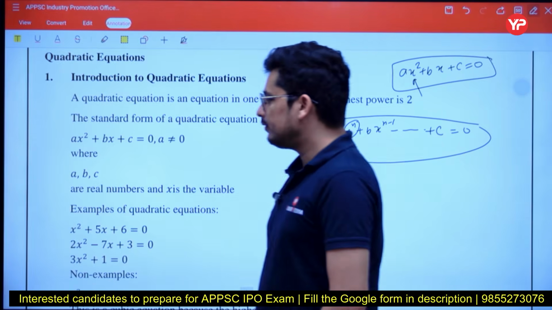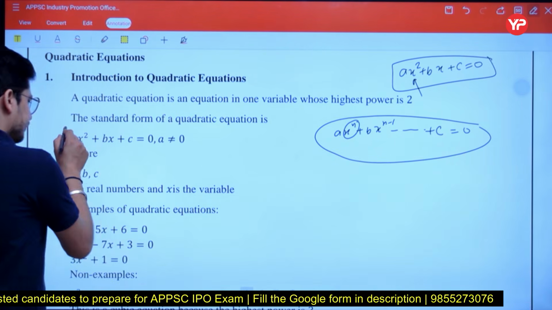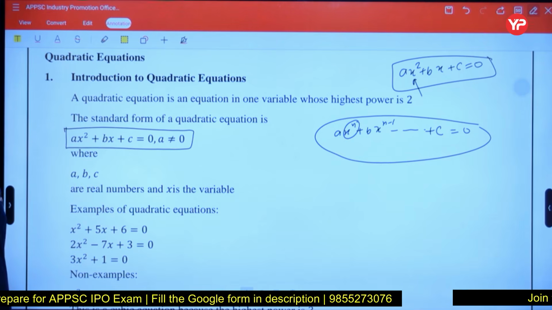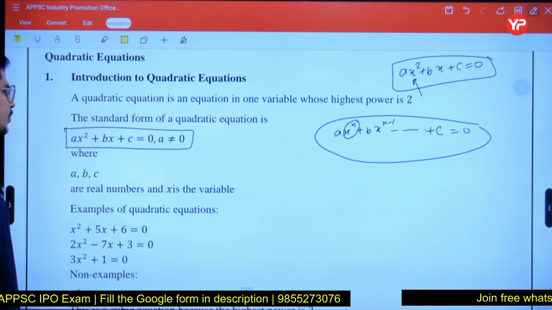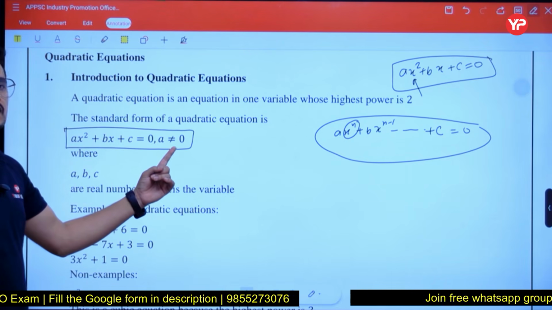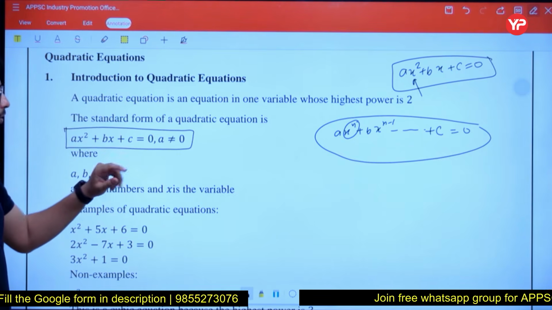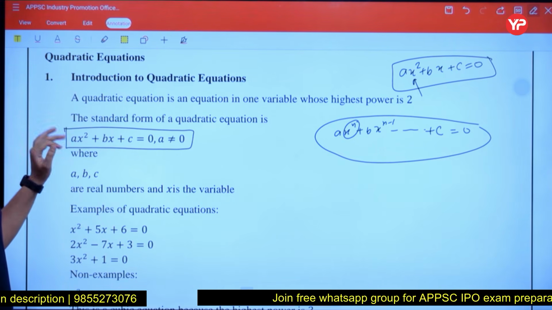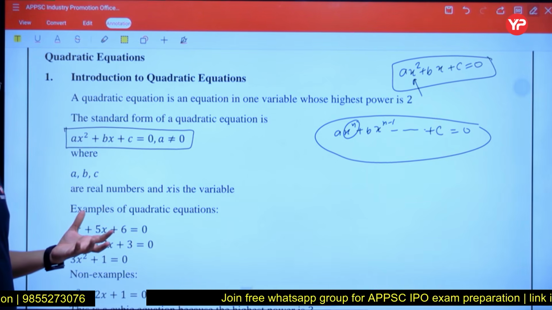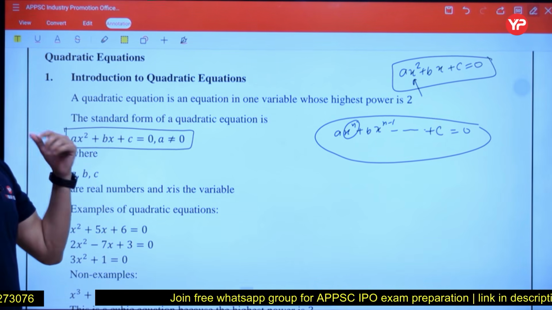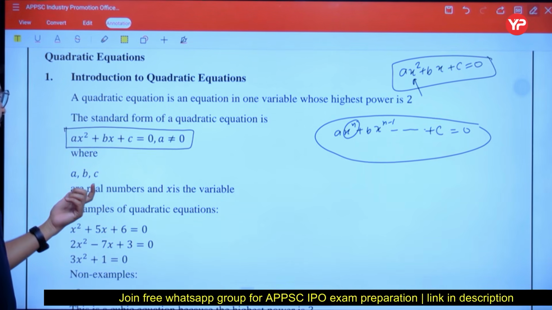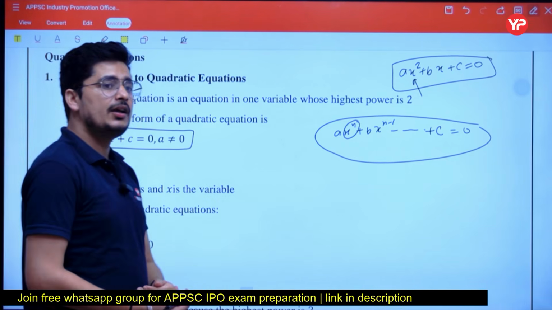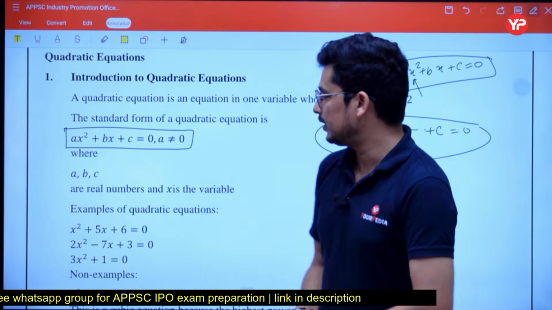It will be in the form ax square plus bx plus c equals 0, provided a does not equal 0. Why is it necessary? Because if a is 0, then it becomes a linear equation, not a quadratic equation. So a should not be 0, and a, b, c are real numbers, right?